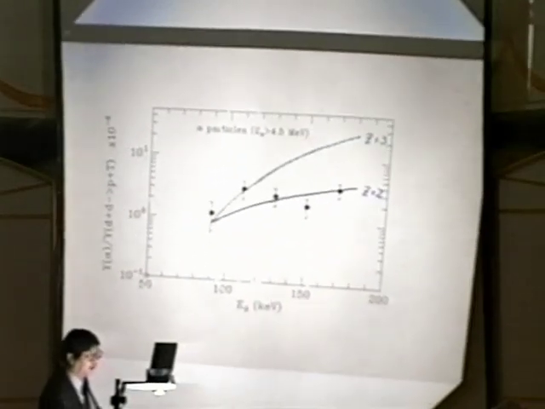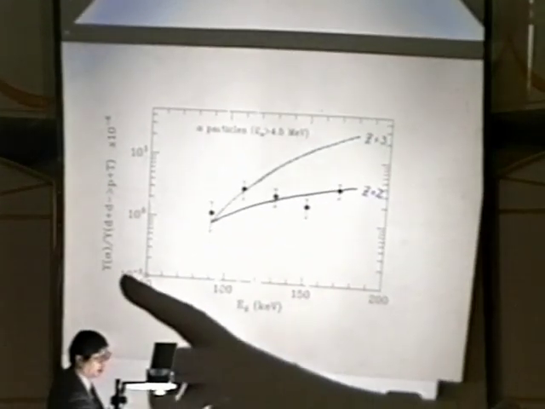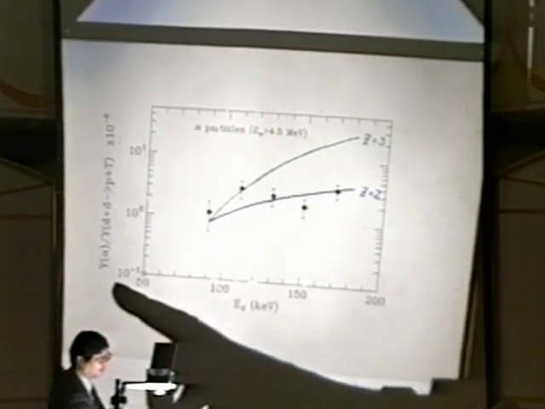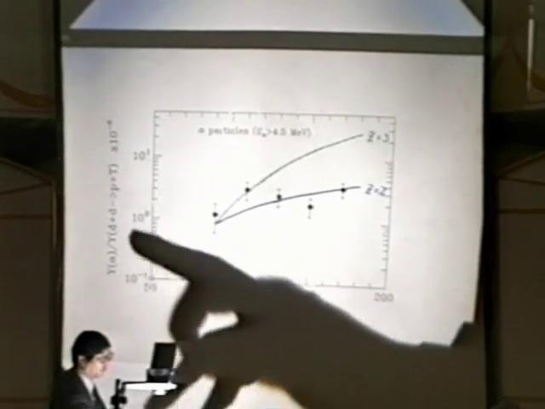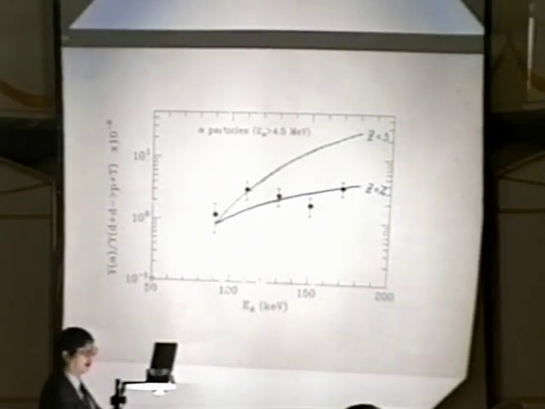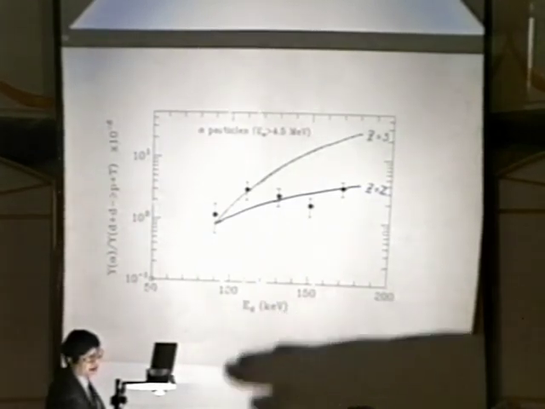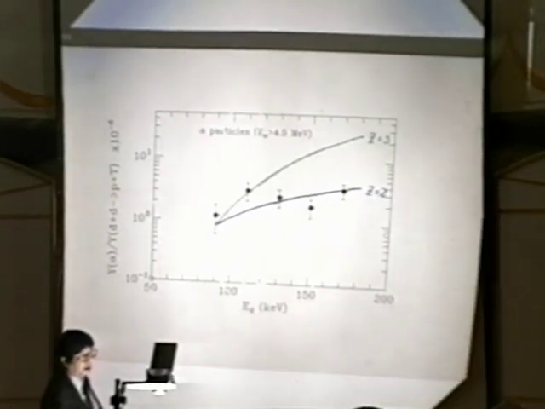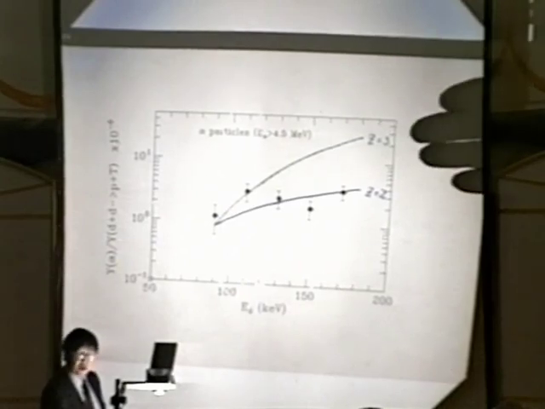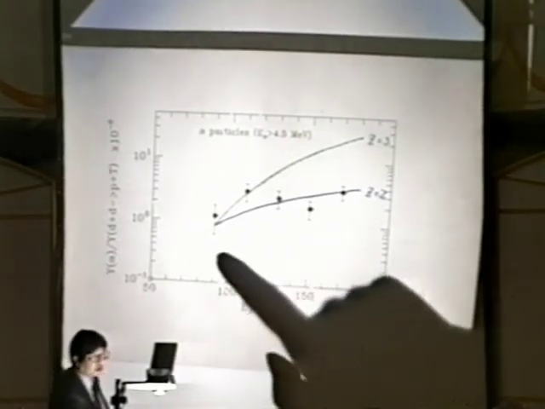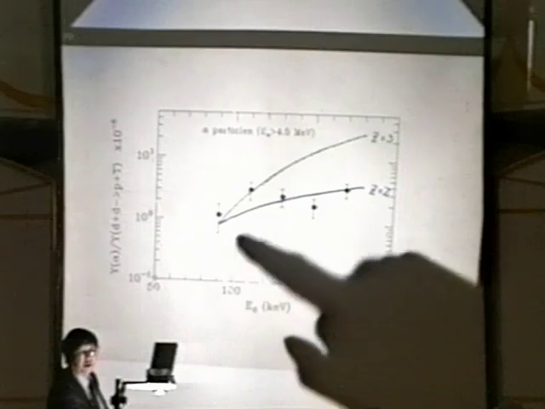This is the yield ratio of the alpha particle to the proton from the D plus D reaction, times 10 to the minus 6. The incident energy dependence is more or less flat. But if you assume the target charge is Z equal 3, then this curve should go this way.